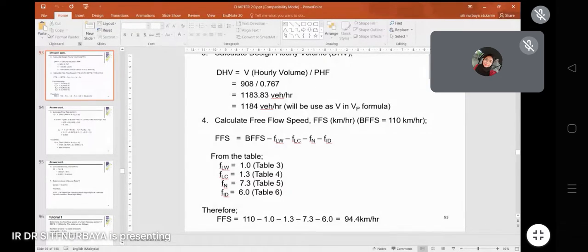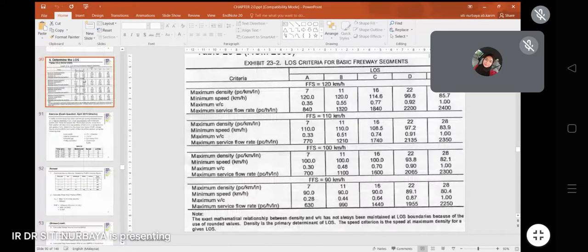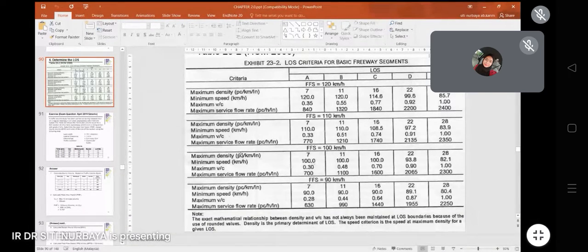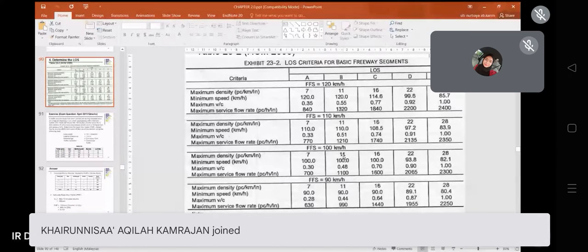BFFS 110. Look here. The FFS is 94. Roughly, looking at 94, the maximum density is 9. Oh yes, we can roughly estimate the LOS.